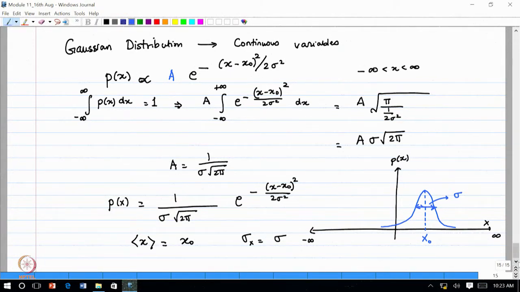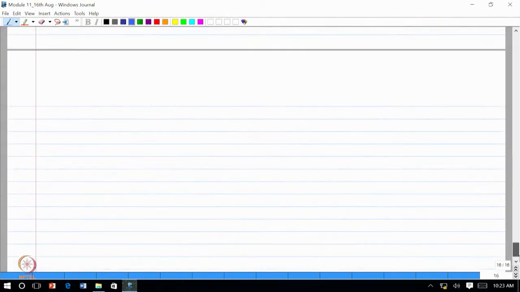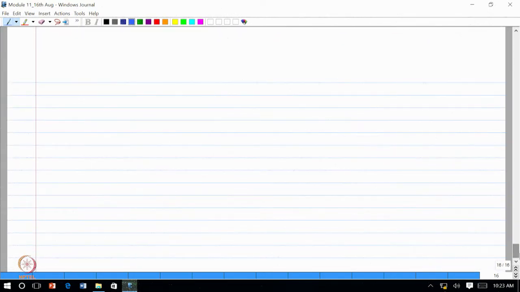Let's calculate the quantity called the full width at half maximum of P of x. Okay, this is called FWHM.